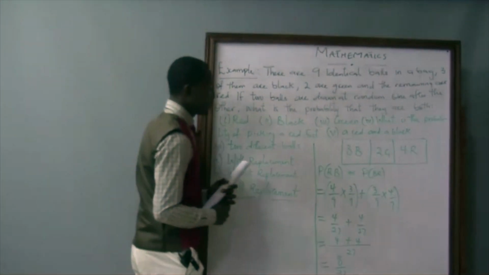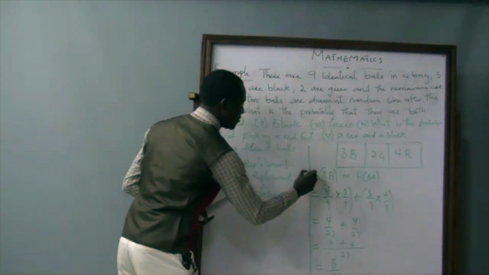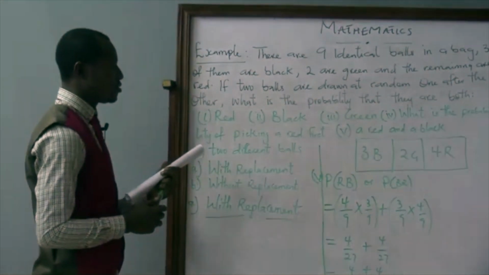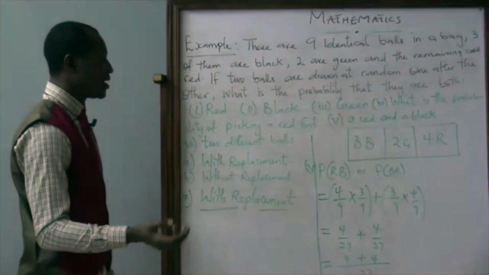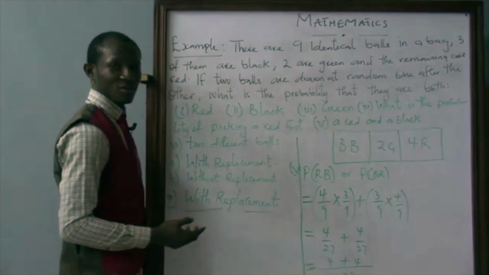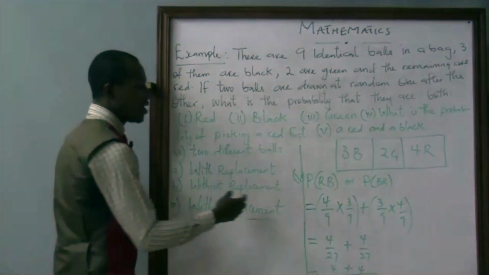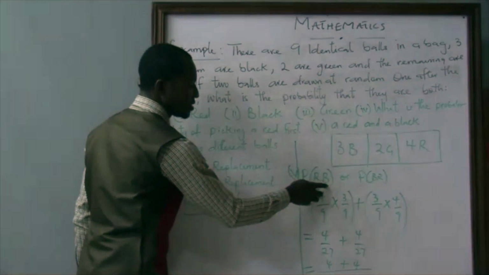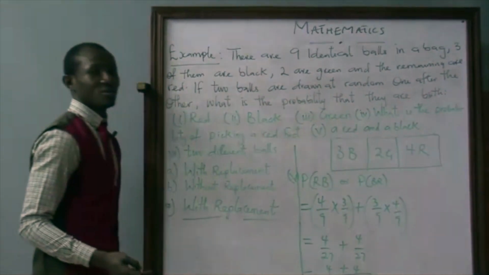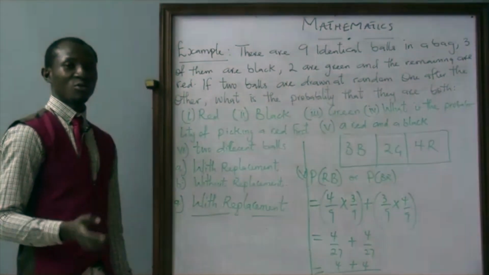Number 5, a red and a black. That is, the 2 balls, we have a red and a black. Now this time, they're not saying a red first or a black first. So it's either we have a red first, black second, or black first, red second. AB is also BA.